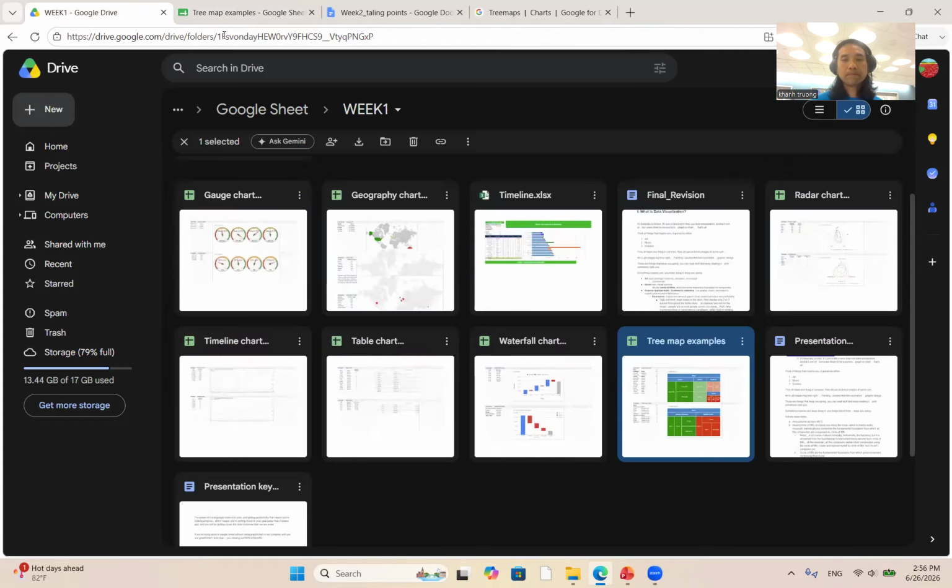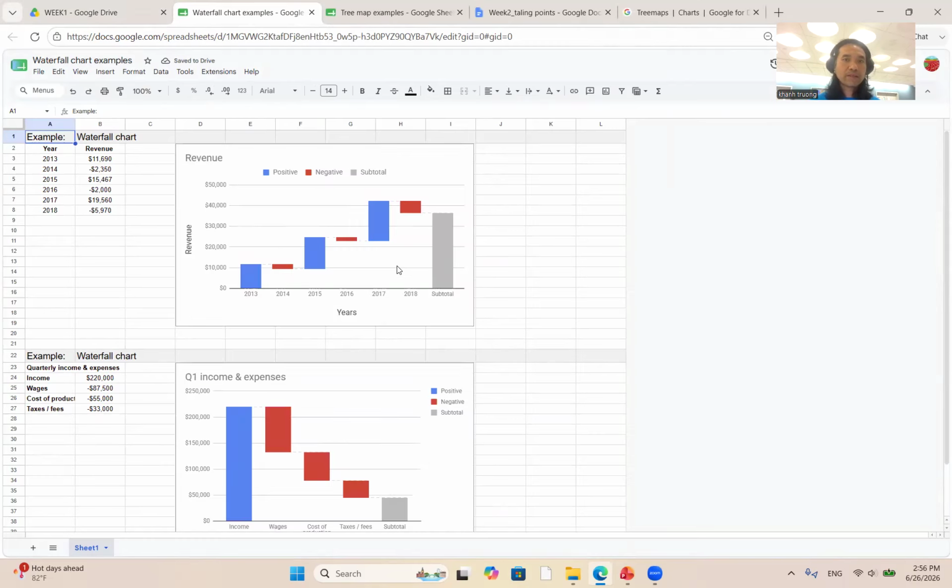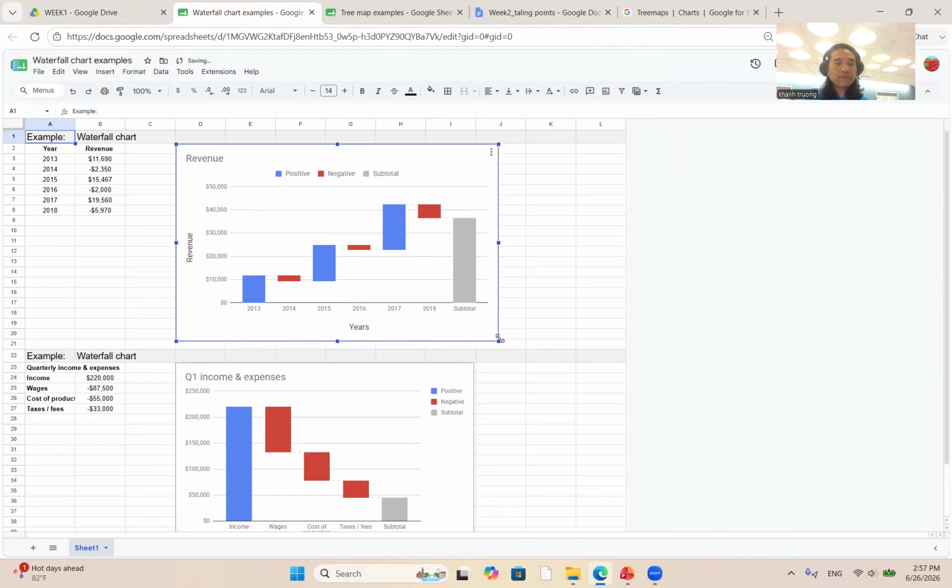Okay, let's see, this is a waterfall. I feel like this one is more for showing prices, like stock prices increasing or decreasing, so the waterfall graph would be the best type of graph to display that information, right?